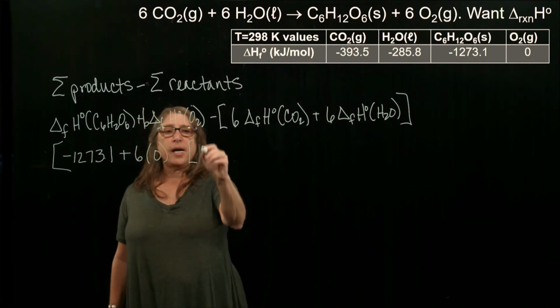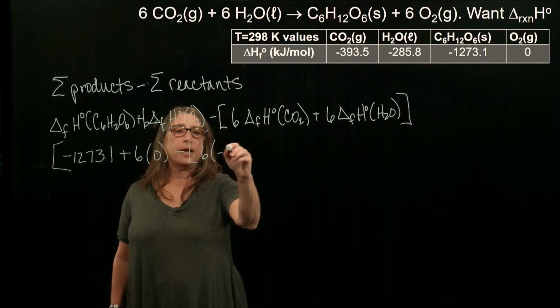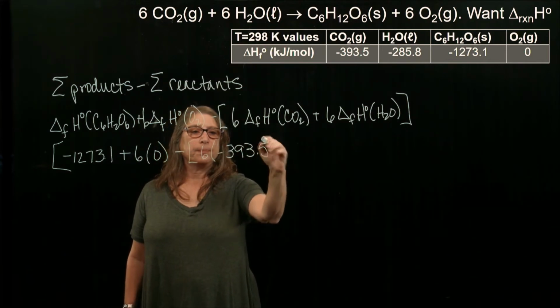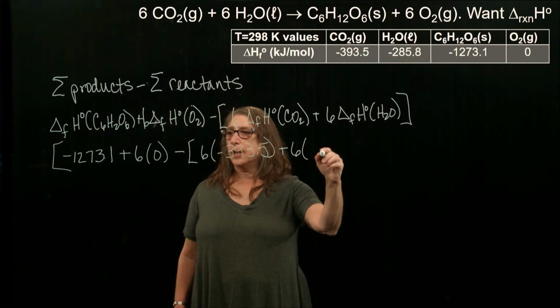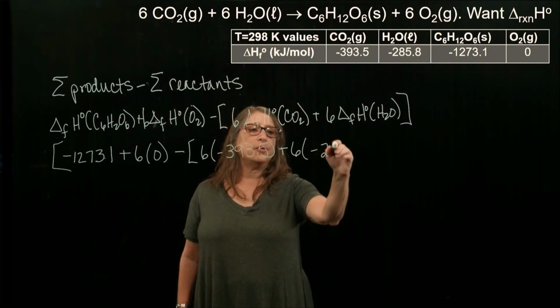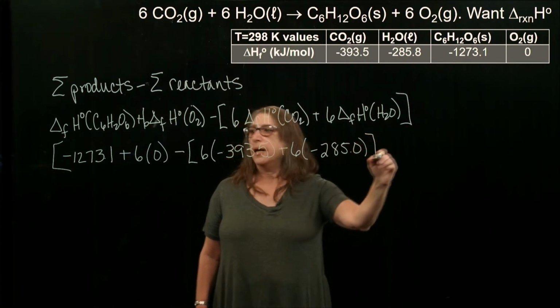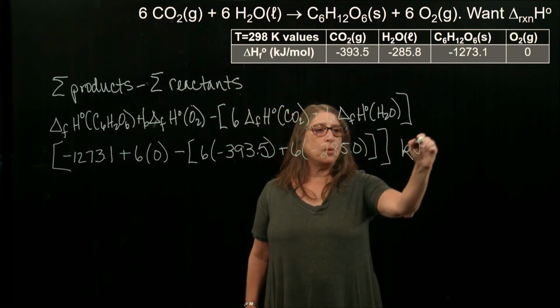I'm going to subtract off 6 times the enthalpy of formation of carbon dioxide and 6 enthalpies of formation of liquid water, and that's 285.0. And the units for this entire thing are in kilojoules per mole.